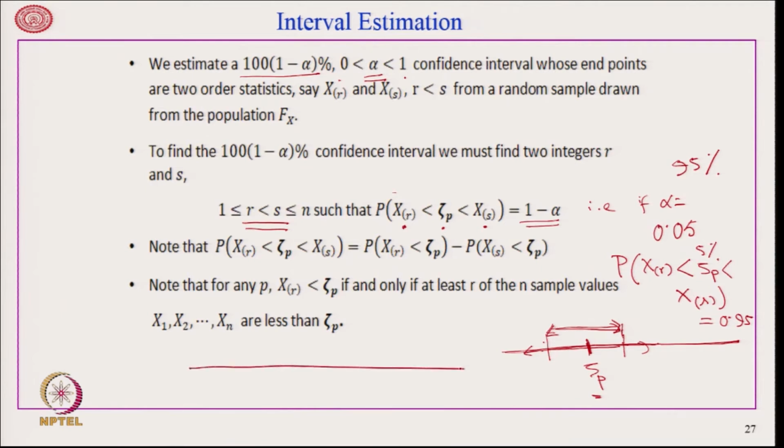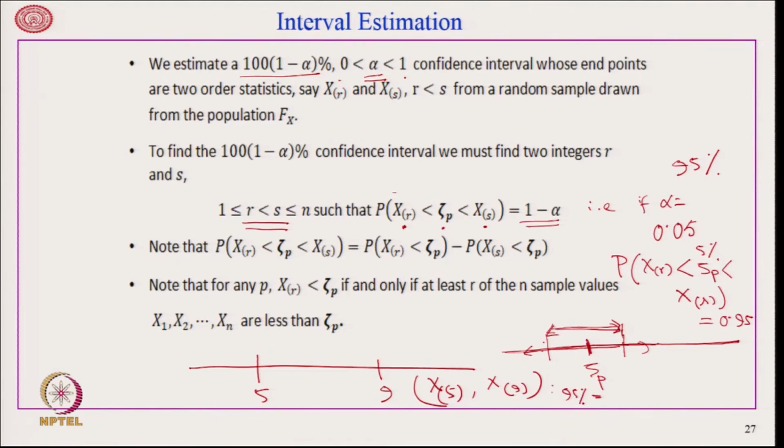That is, we can say that suppose x r is the fifth order statistic and s is say 9. So, basically we are saying that zeta p will be between the fifth order statistic and the ninth order statistic with probability 95% or 0.95.